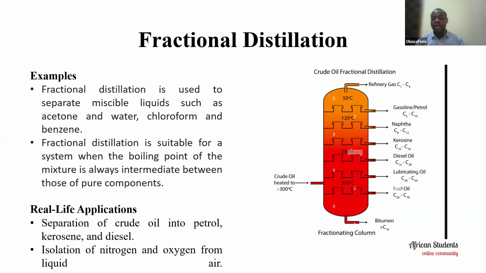Most times it comes out last in any fractional distillation process of crude oil. So it's a very good real life application for fractional distillation, that is, the separation of crude oil into its constituents. And so we can have our lubricants, our fuel oil, our diesel oil, our kerosene, our gasoline or petrol, and so on.